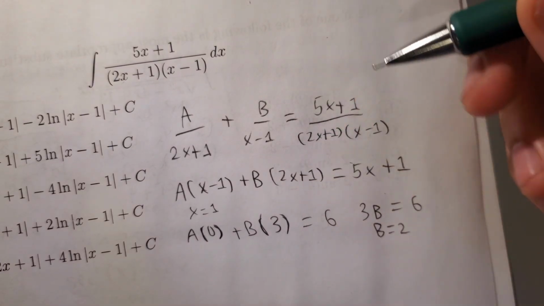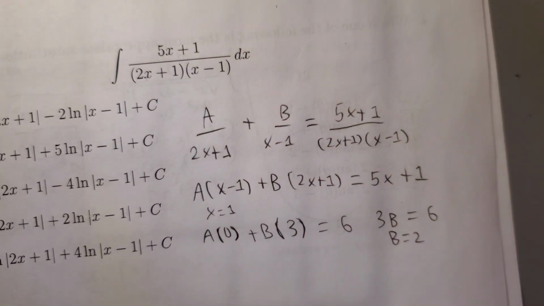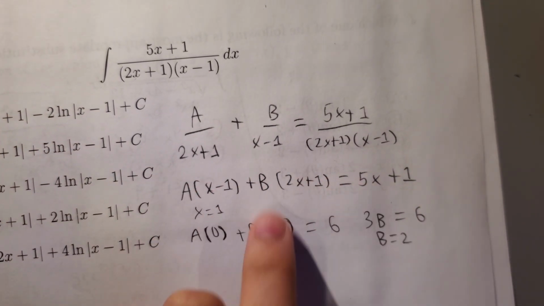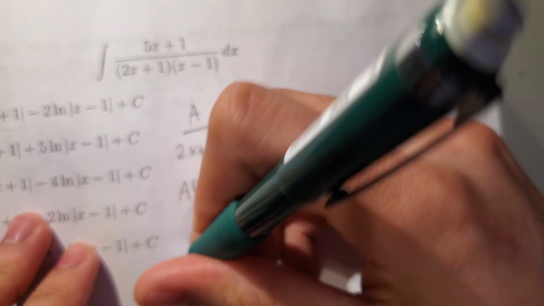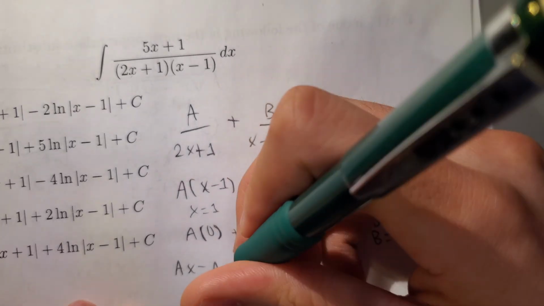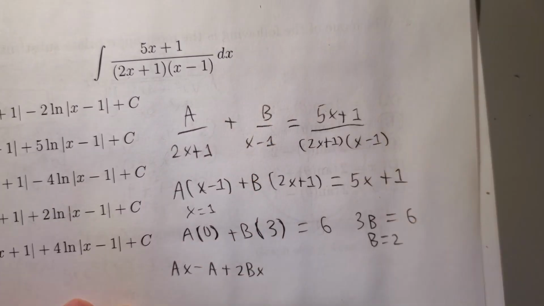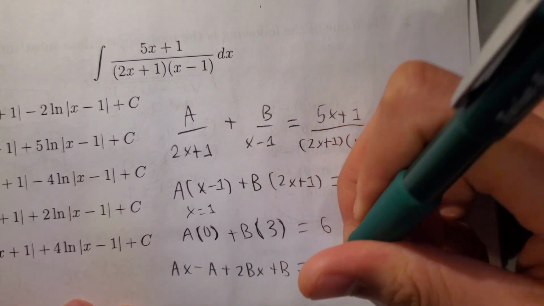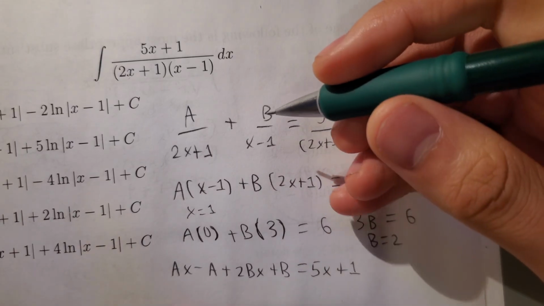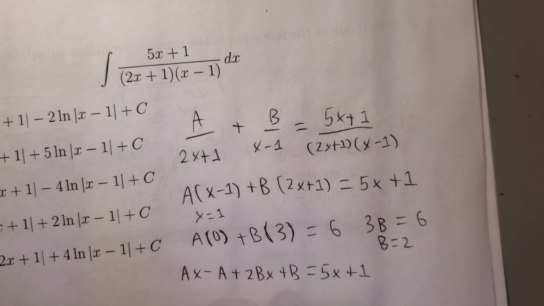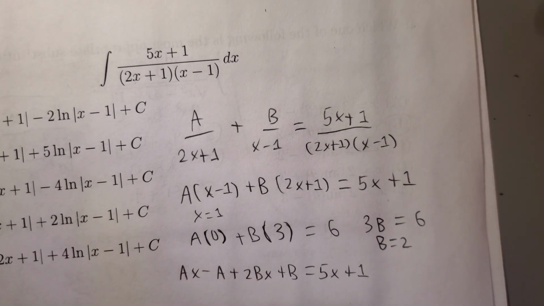Or the third thing we can do is distribute the a's and b's to everything. So you'd end up with an expression that looks like ax minus a plus 2bx plus b is equal to 5x plus 1.